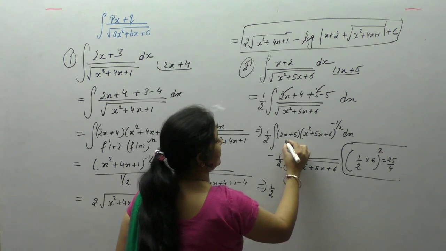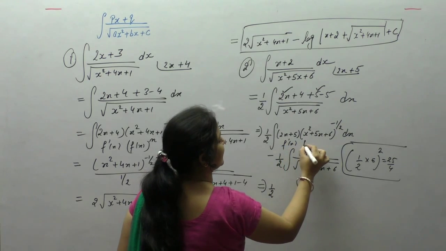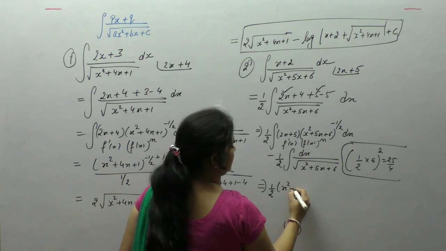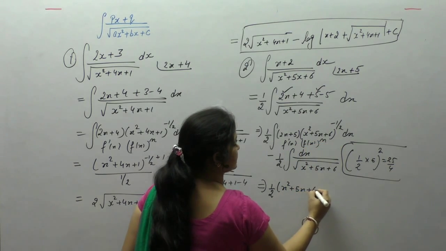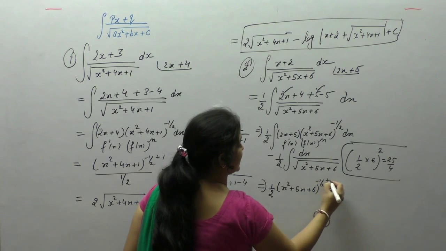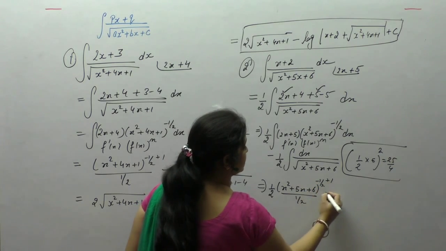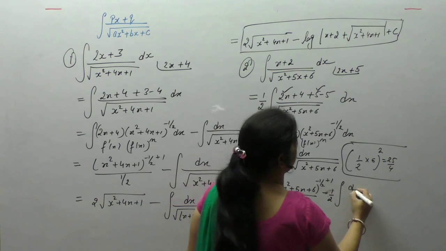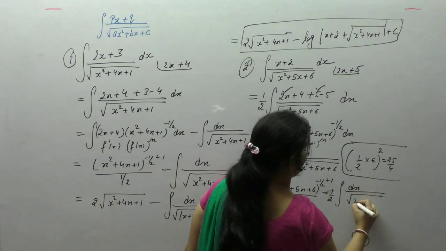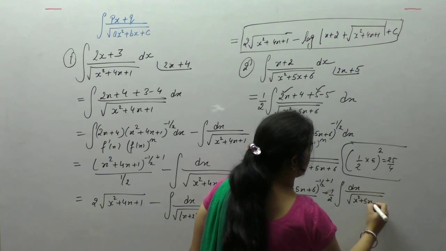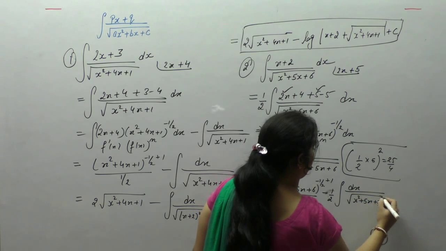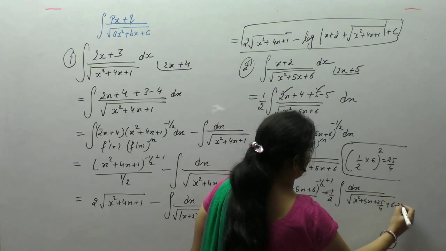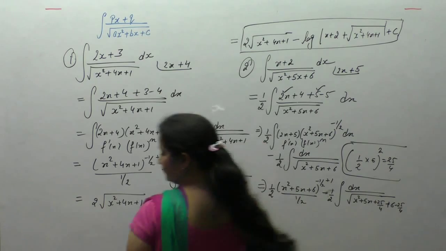Here apply the formula f dash x into f x power n: f x power n plus 1, minus 1 by 2 integral of dx upon x square plus 5x plus 25 by 4 plus 6 minus 25 by 4.